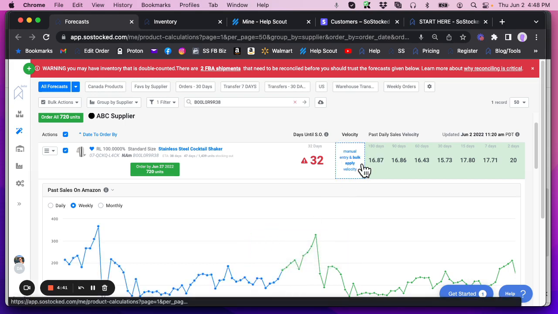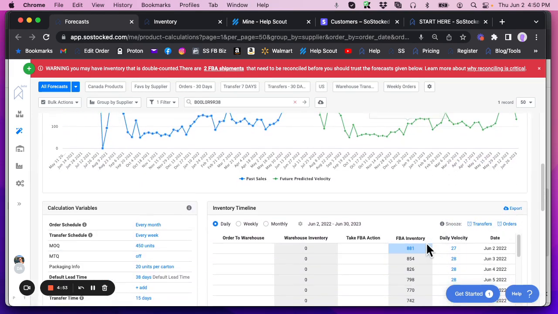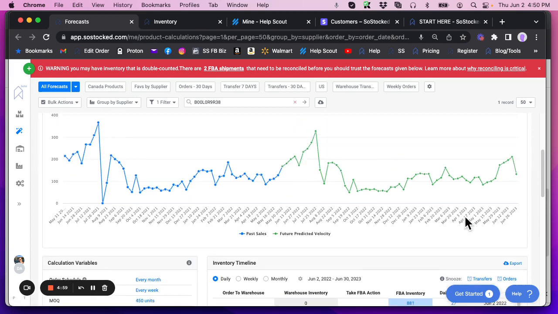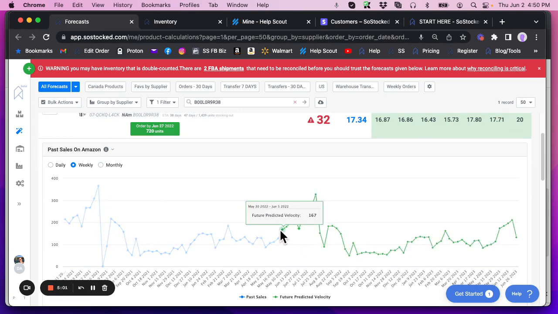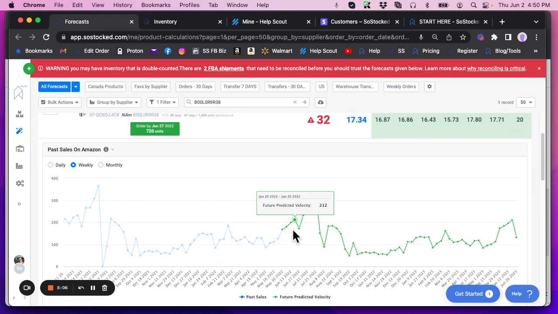If you remember, it was 161%. So 17.34 divided by 161% is 10.7. Our annual average is actually 10.7 instead of what it was last year, so that brings our graph down a little bit.